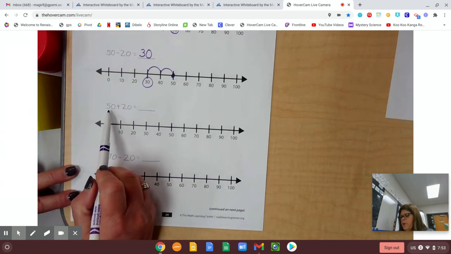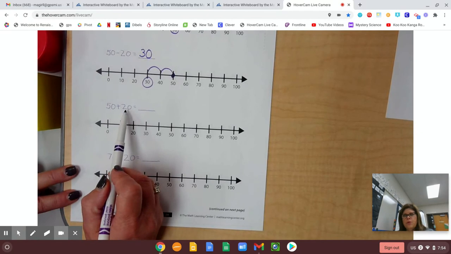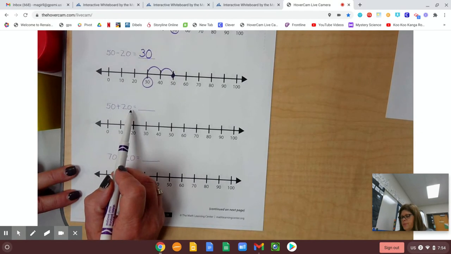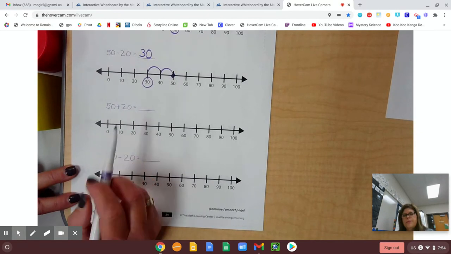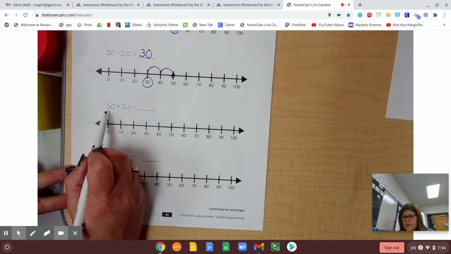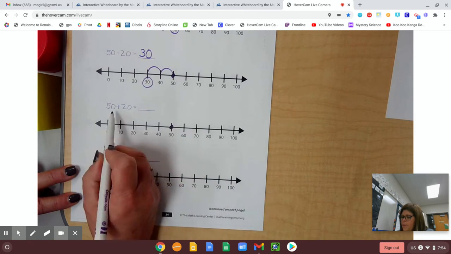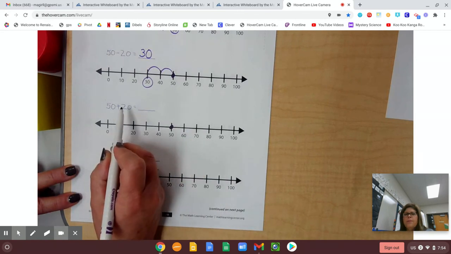Will you please write the equation 50 plus 20 equals. Okay, we're going to start on the first number, which is 50, so I put my dot. Plus, we're going to get bigger.